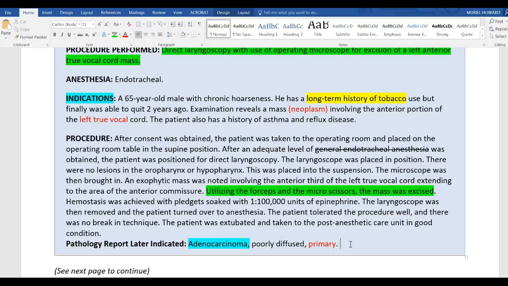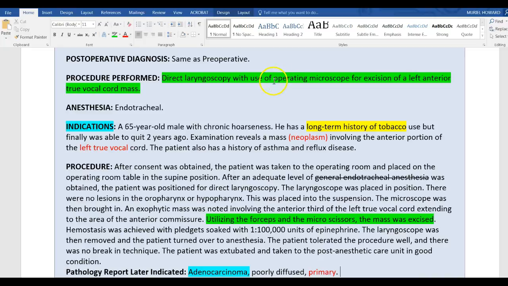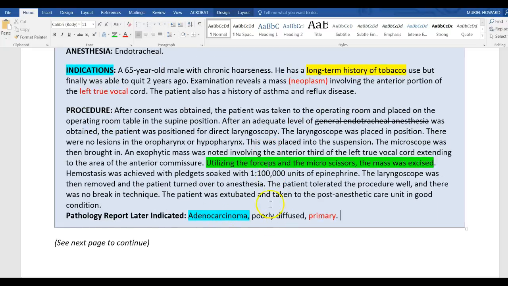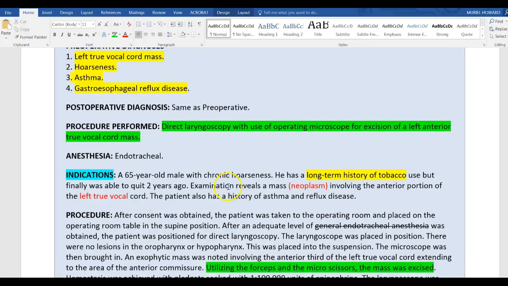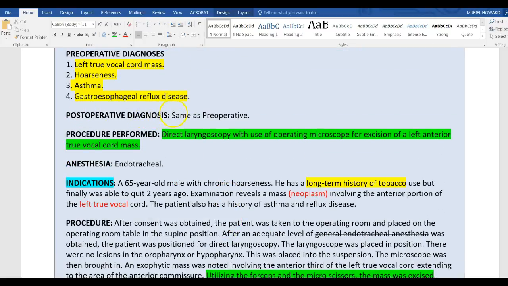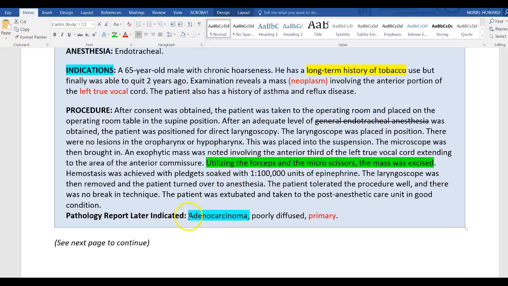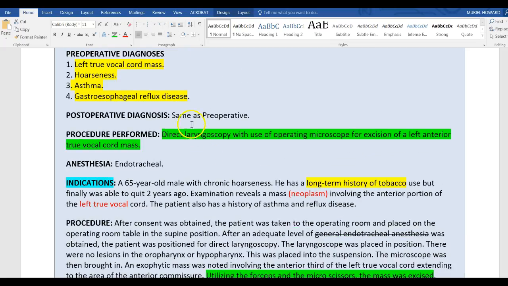So now that we've pulled all of this information related to the procedure, laryngoscopy, the diagnosis, we can code. Now, what I was saying here is that the postoperative diagnosis is the same as preoperative. That's no longer true. Right here, the postoperative has now become adenocarcinoma.